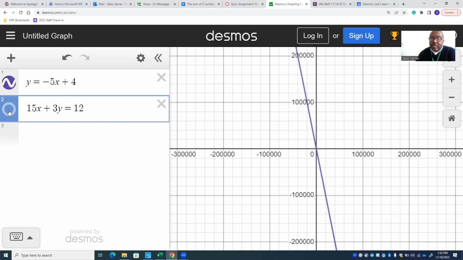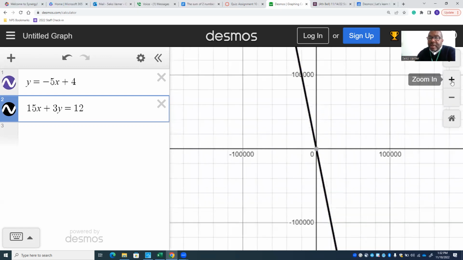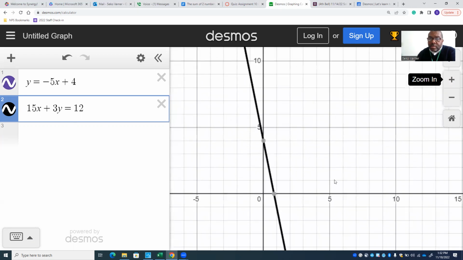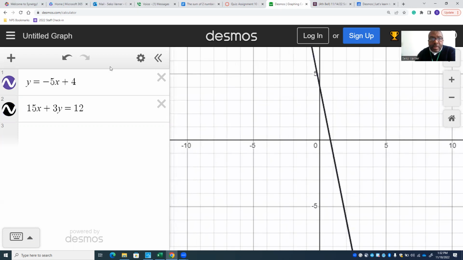There's the blue one. There's the black one. What that means is the lines are right on top of each other. Here's the blue line, and here's the black line.